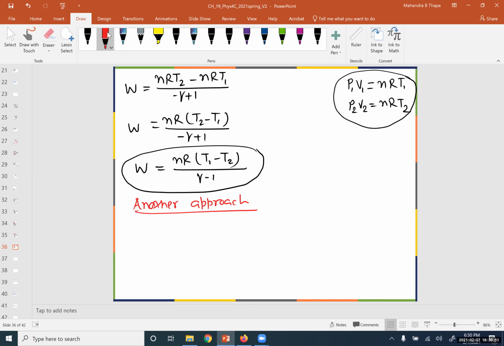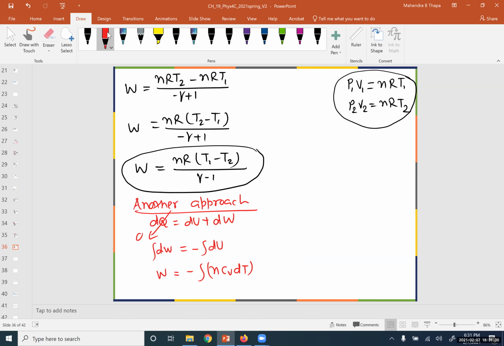What we can do is start with the first law, dq equals du plus dw. So dq is 0 for this process, and that's how we can write dw equals minus du. Okay, so if you integrate both sides, this is the work done W, and minus this is n Cv dT.